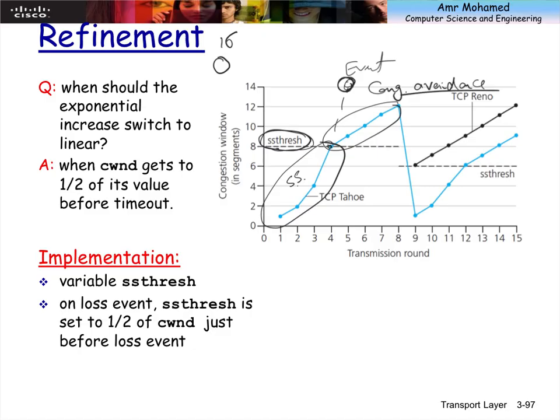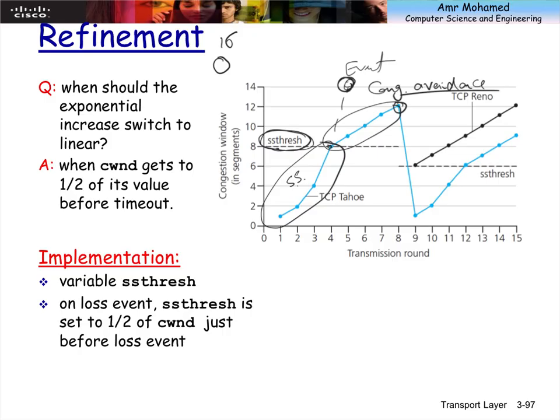Once we get another event, this event happened at congestion window 12. Is it supposed to be always 16? No. The problem is that we don't have full visibility of the network, so we never know. The network load is dynamic. Sometimes we hit the capacity at 16, at 15, at 12.